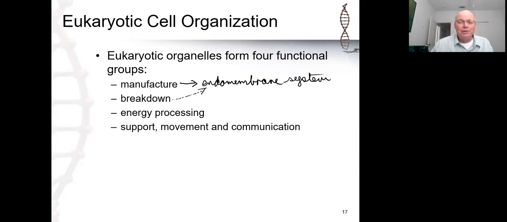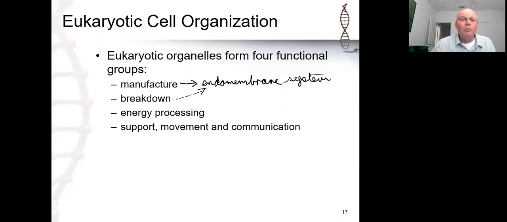So you have organelles like the peroxisomes and the lysosomes that are included in the breakdown organelles. And we'll see those as we make our way through the endomembrane system. Then you've got 2 organelles that are very specifically associated with energy processing. Obviously, the mitochondria and the chloroplast are the organelles here, but there's a third one that can be incorporated in here too, the peroxisome.